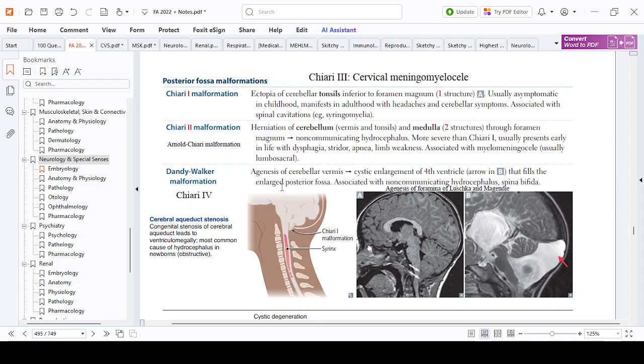Any mass volume within the posterior fossa compresses the CSF flow and causes hydrocephalus, which is non-communicating, the obstructive type. There will also be agenesis of the foramen of Luschka and Magendie, through which CSF passes from the fourth ventricle into the subarachnoid space.